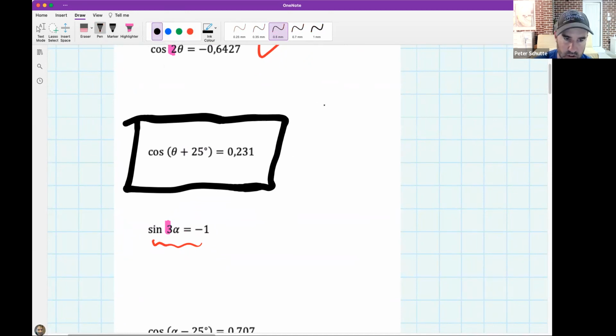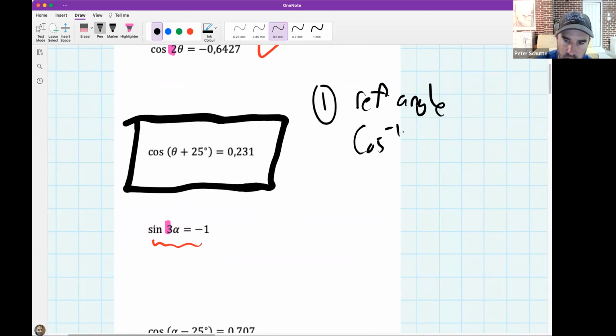So the good news is, step one is you find the reference angle, which is going to be the inverse cos of 0.231. So shift cos 0.231, and I get 76.6.